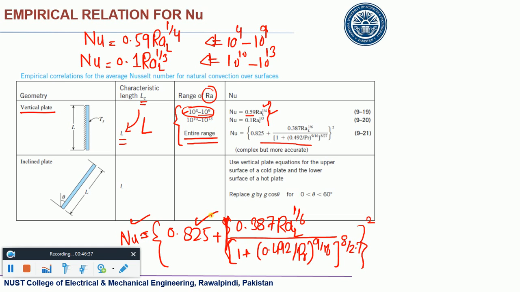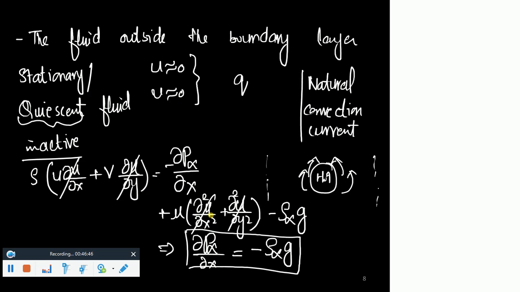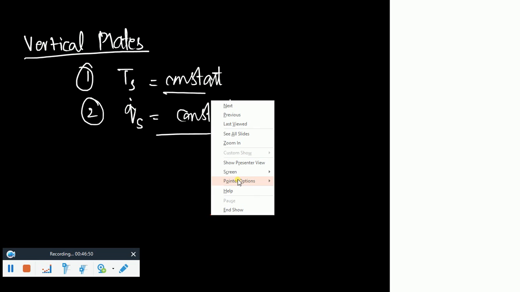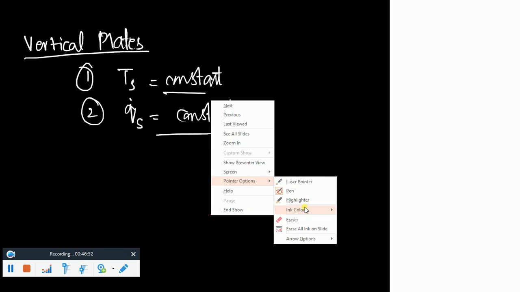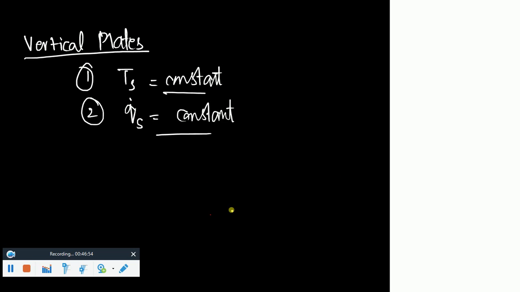So for this boundary condition, you can use the same relationships, although with some errors.